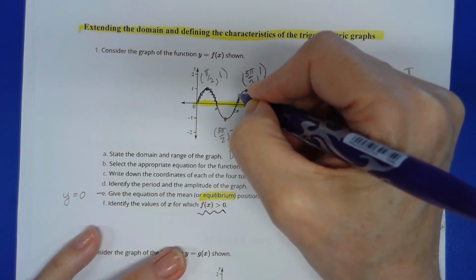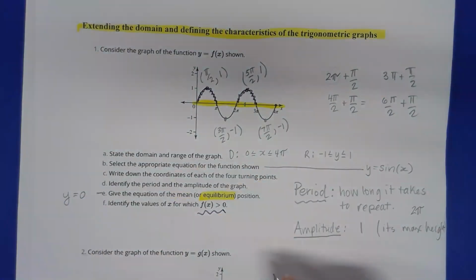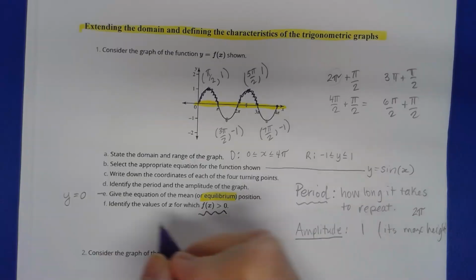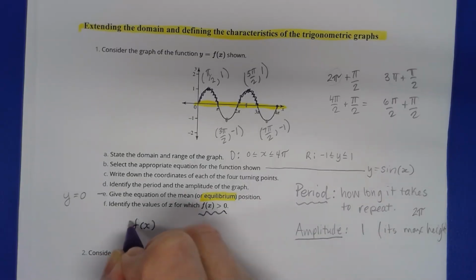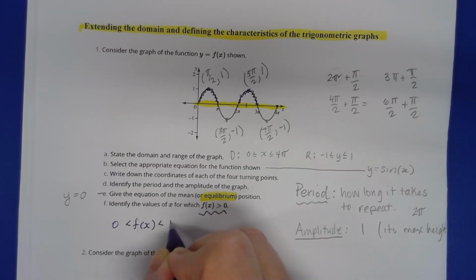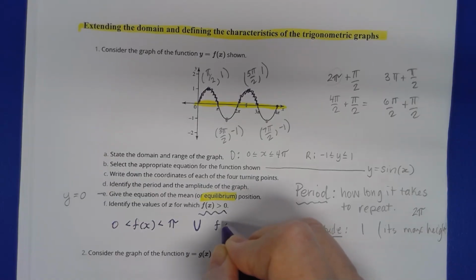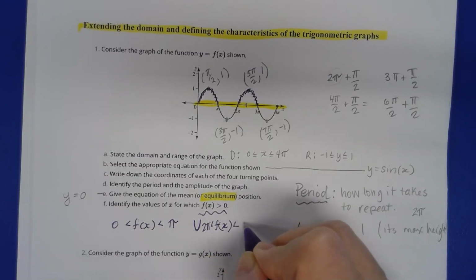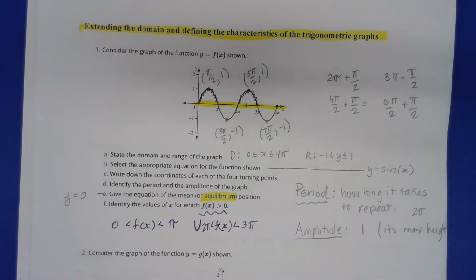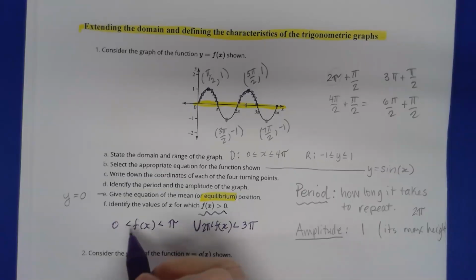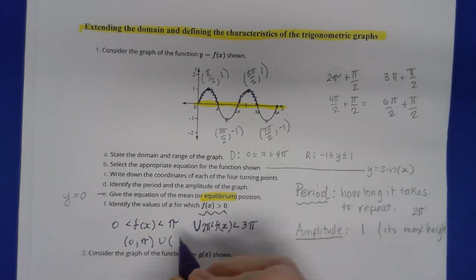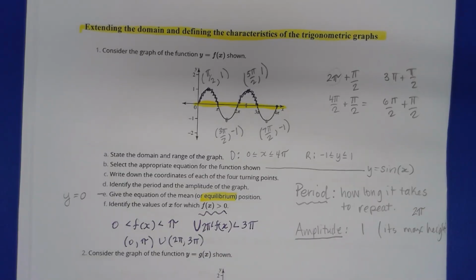That's where the y's are greater than 0, agreed? Okay, so how do I write that? So I write f of x between 0 and pi, and f of x between 2 pi and 3 pi. That's one way to write it. I guess I could have used the notation of 0 pi, 2 pi, 3 pi. That would be all right. Either of those notations are fine.